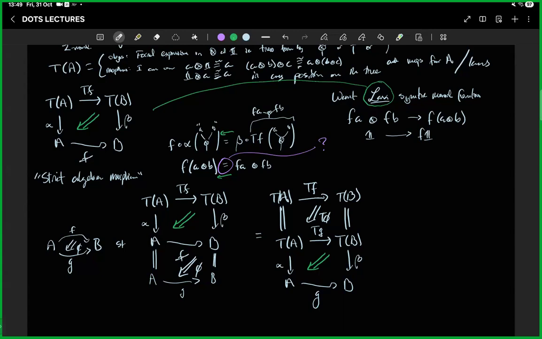We often call this F bar, and I'll call this one G bar. So here we would have F bar. And that forms a 2-category. This gives us what we call Alg-lax of T: algebras and lax morphisms for T.